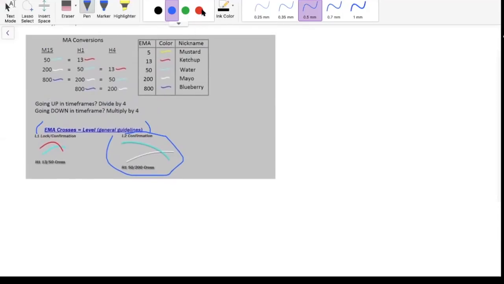In my other lives, I talk about how these EMAs are like magnets to price action. Every time price action gets away from these EMAs, it has a tendency to go back to it.